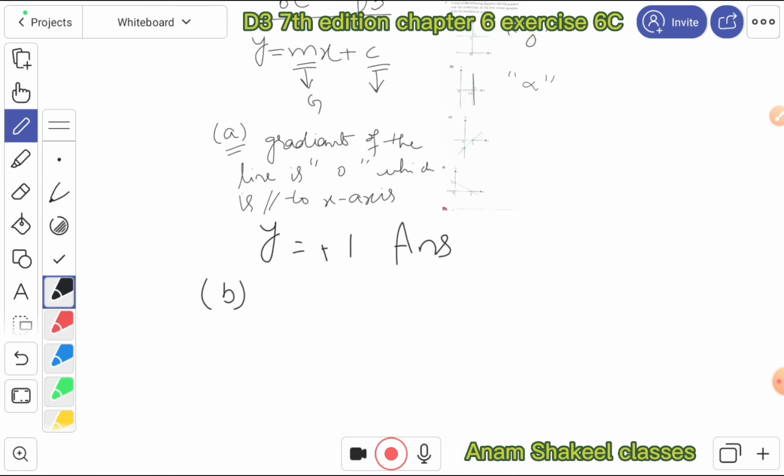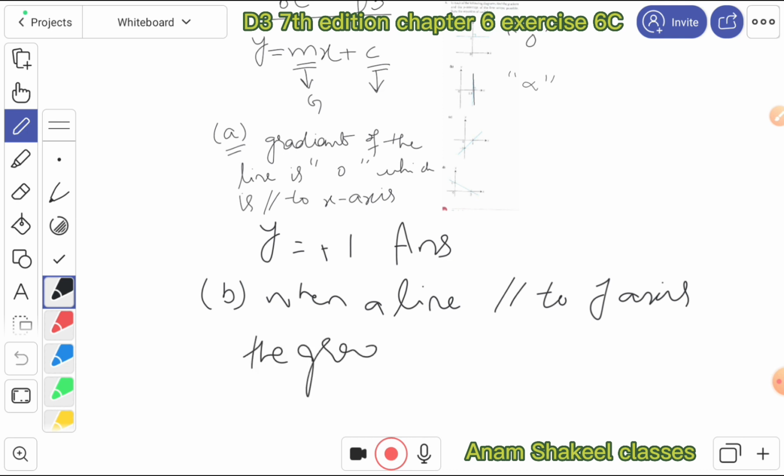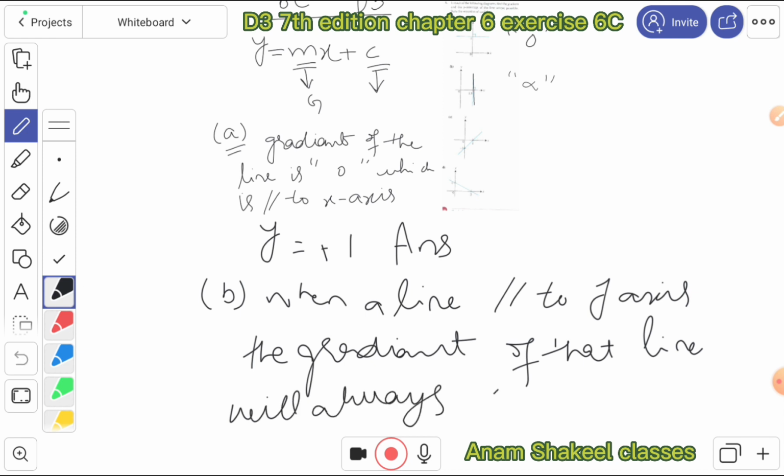You write the theory that when a line is parallel to the y-axis, the gradient of that line will always be infinite.